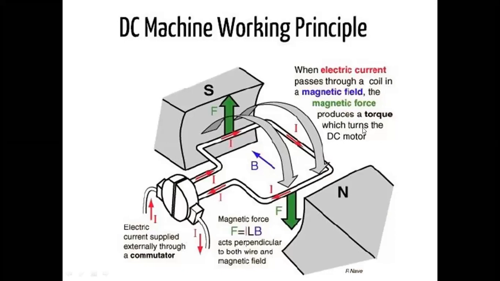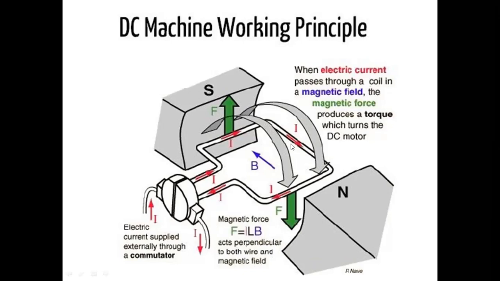So when we give the electric supply to the DC machine, that will be a DC generator or a DC motor. At that time, for a coil in the magnetic field, magnetic force gets introduced because of that electric current, it generates the torque, and because of that torque your DC motor turns on.